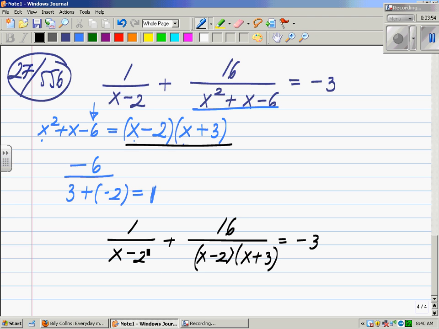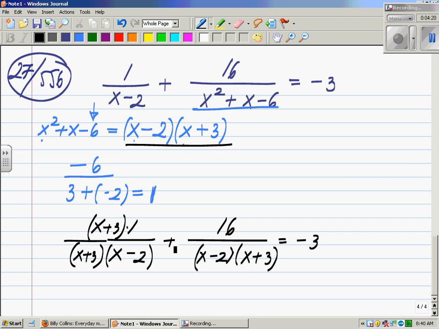Because this one already has the first denominator that is multiplied by another one. So in order for me to have the same denominator on the first fraction, I have to multiply top and bottom by x plus 3. That way, I have the same denominator in both.